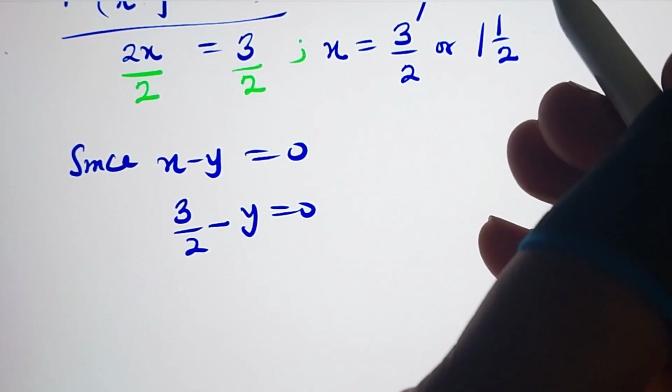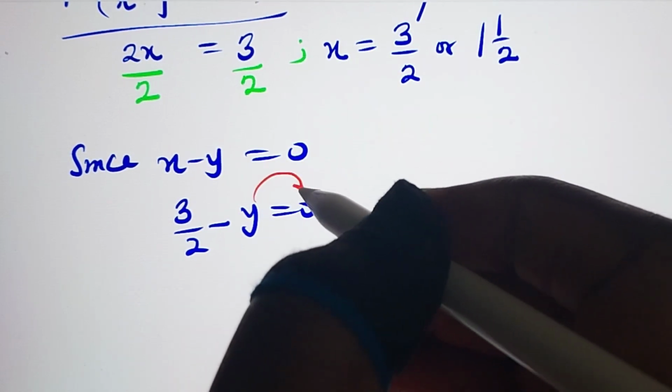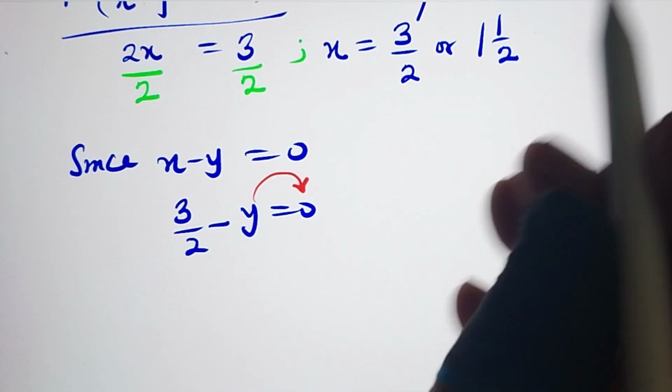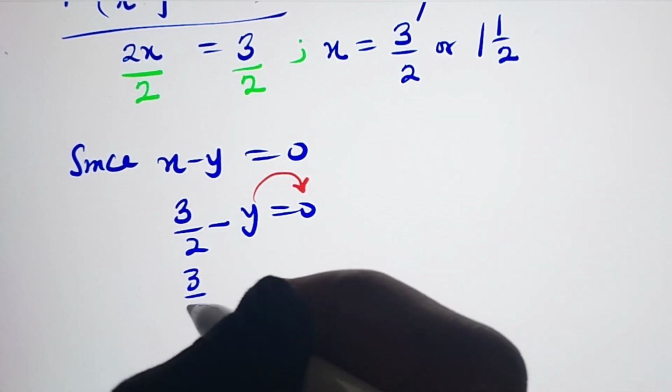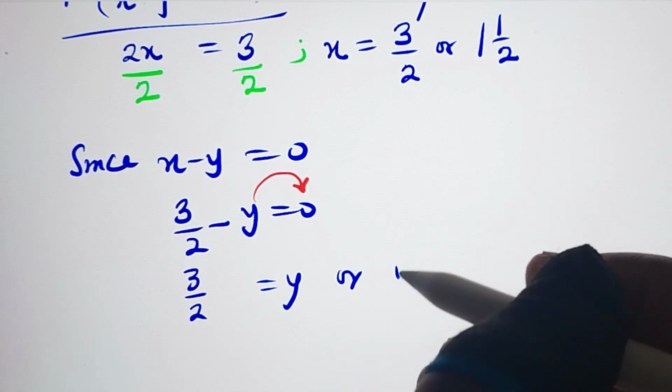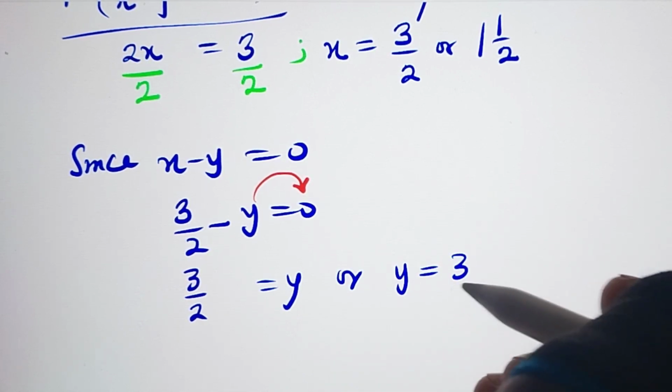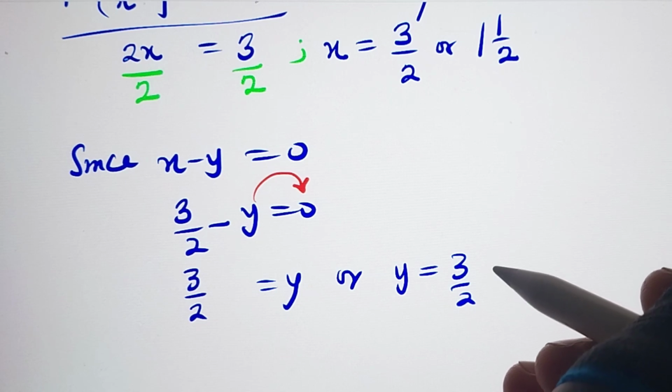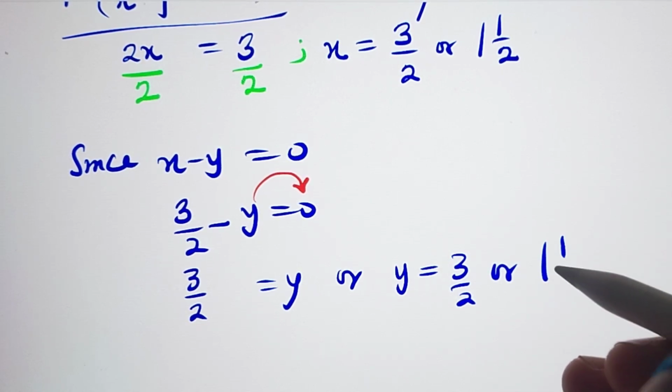Transfer this to the other side. It simply means that 3 over 2 is equal to y, or we can say y is 3 over 2.